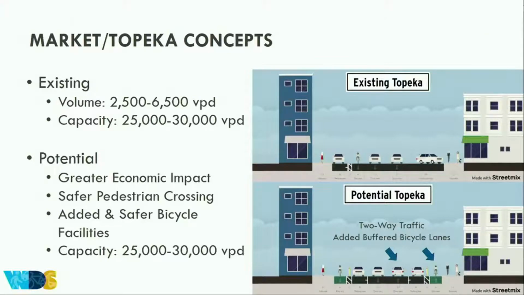Currently, there is a bike lane on one side of the street, and this concept would put bikeways on both sides of the street, and those bikeways would be protected with a vertical post or some kind of vertical element between the bikeway and the parked cars, and then there would be a two-way street with one lane in each direction.